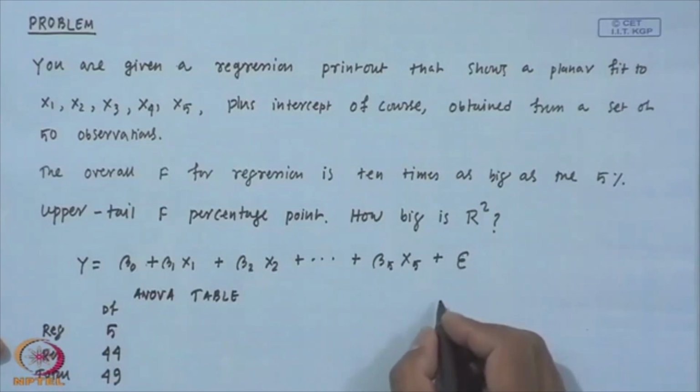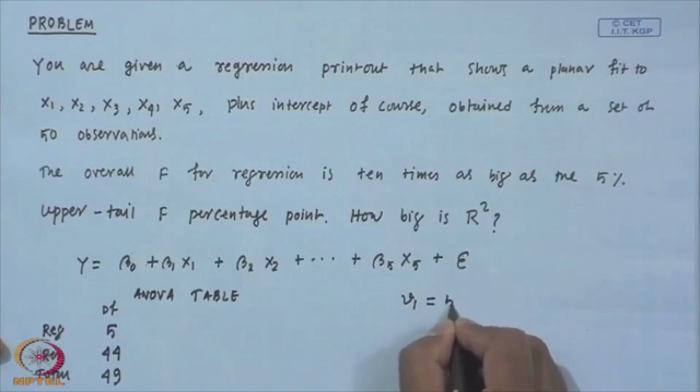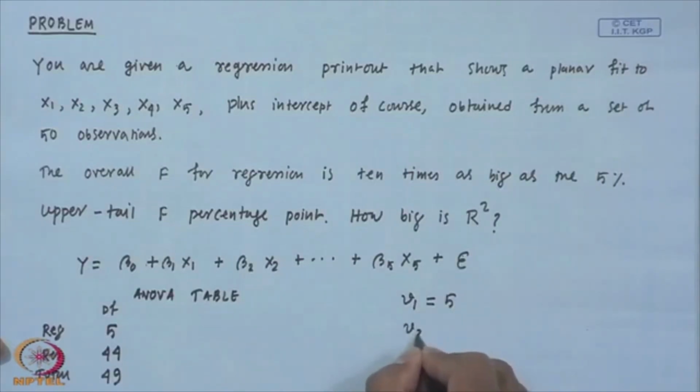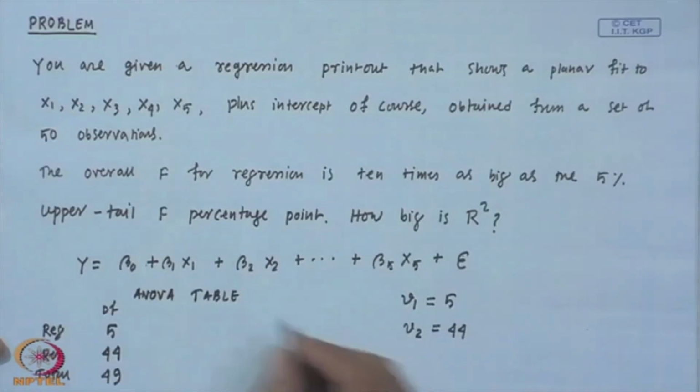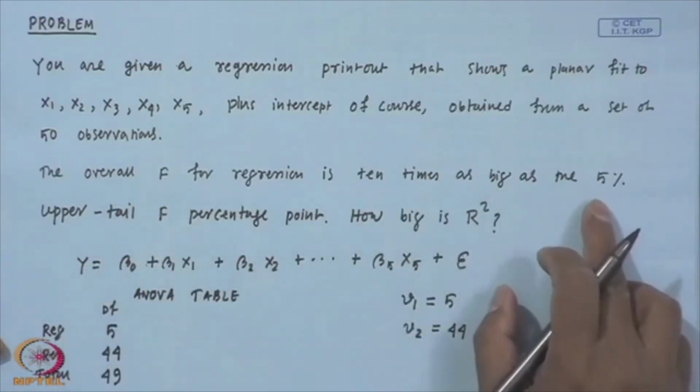Well, so what we know is that V 1 is equal to 5 here, V 2 is equal to 44, and it says that the observed f value is 10 times the tabulated f value.